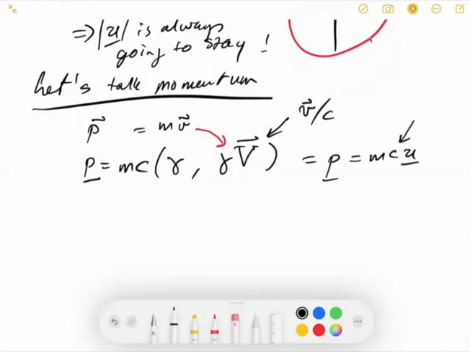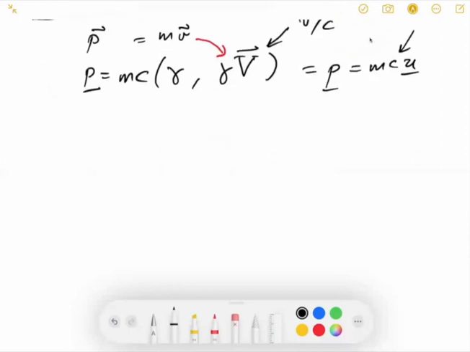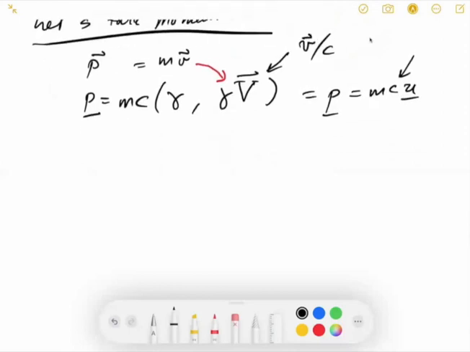So the C is important here, right? You would think that if we have a P vector, then a P4 vector would just also be M times U, but just remember that the 4-speed vector actually has gammas and normalized velocities in it already. So that's why we're picking up an extra factor of C. Now, this is the part where we need to note the following.